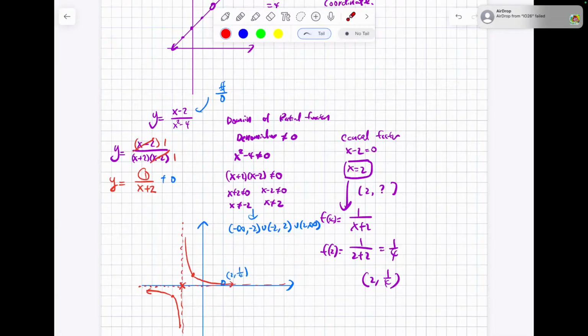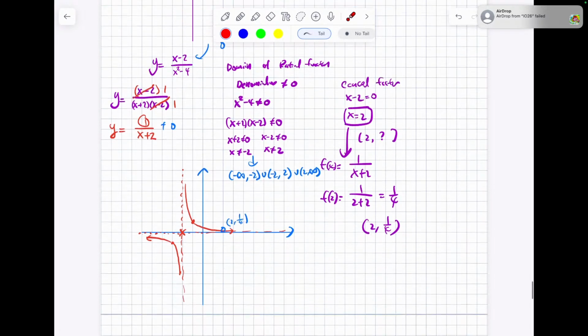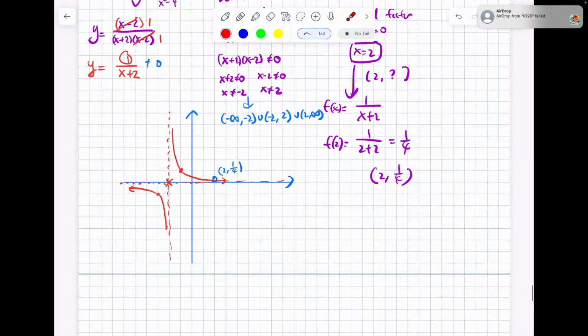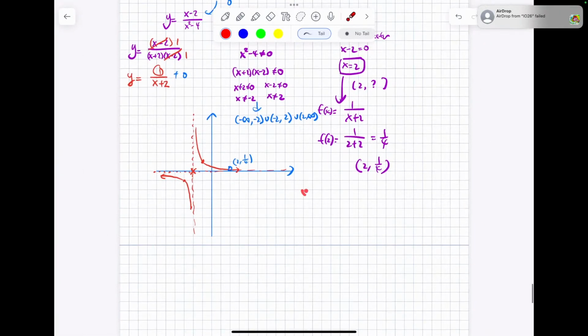There's no x-intercept because there's an asymptote. But is there any y-intercept? How do I find a y-intercept?